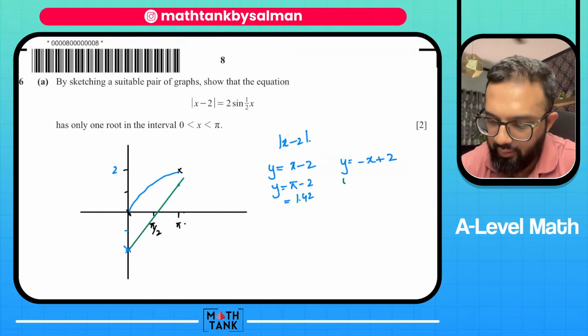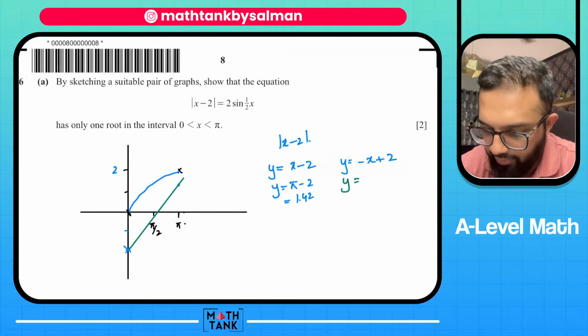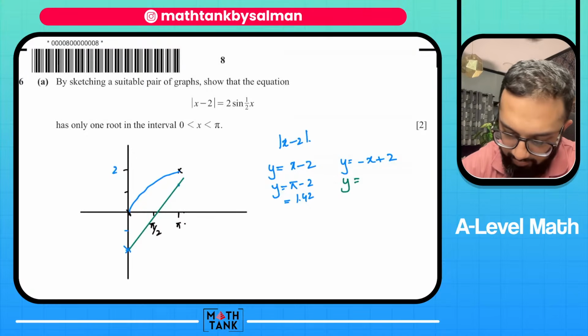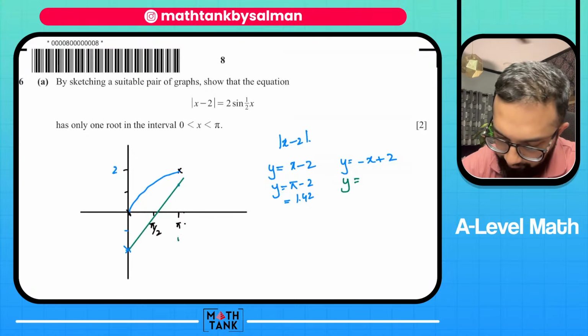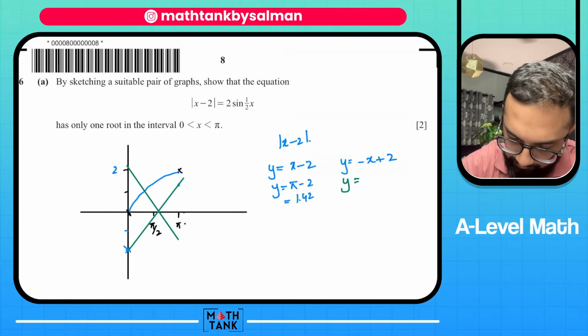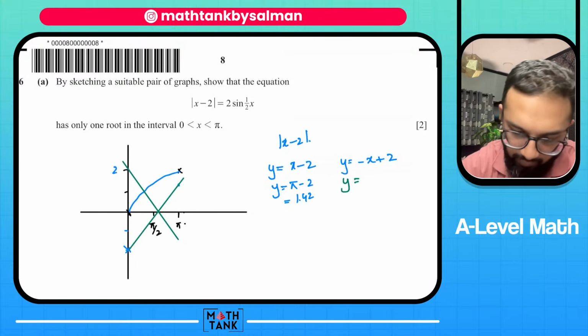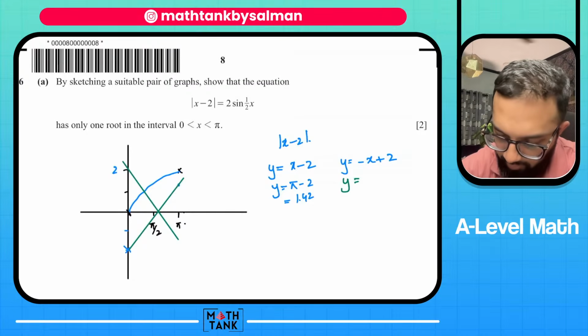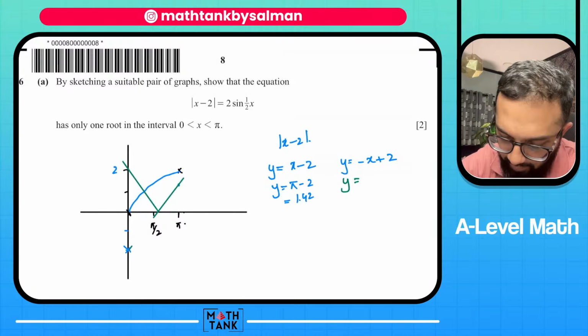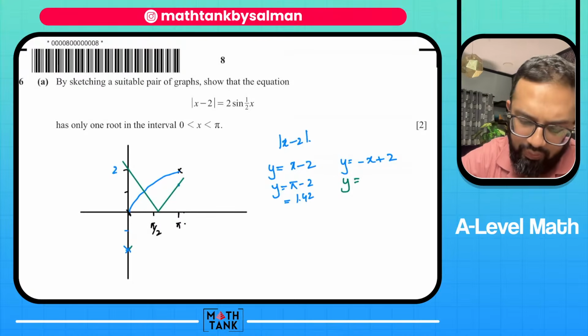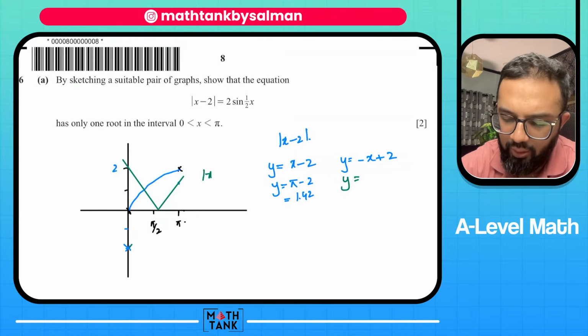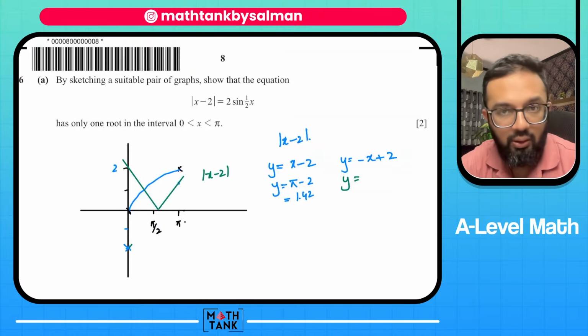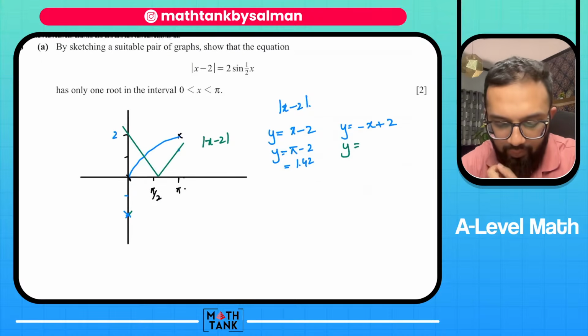Okay, and the other one should be from here to here, I think. So that's the graph of modulus x minus 2. And there are various ways to draw the graph of modulus functions, whichever way you've learned. As long as you can draw it correctly, that should be fine.